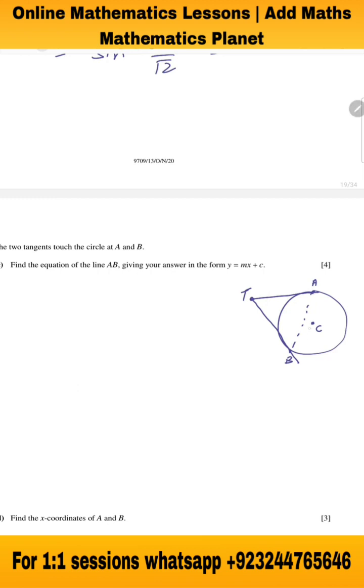Now ATC is equal to BTC, which is equal to 45 degrees. So ATB will be equal to 90 degrees. Okay, so now the slope of CT.